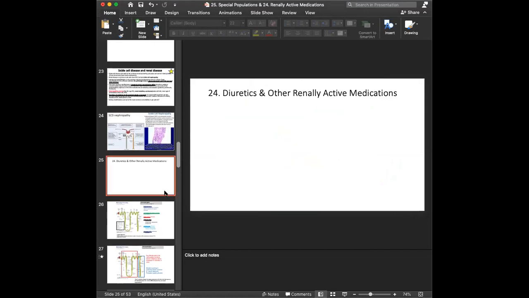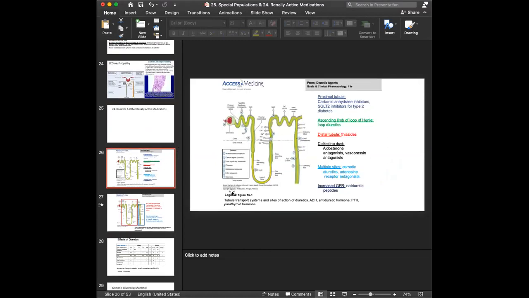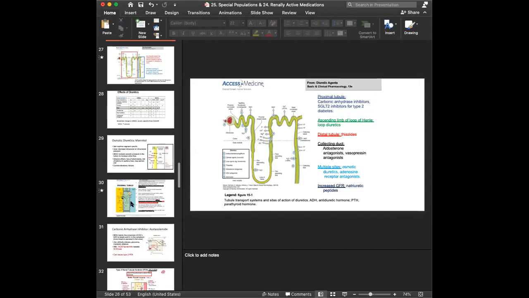Okay, now on to diuretics and other active meds. We've got multiple parts of the kidney.